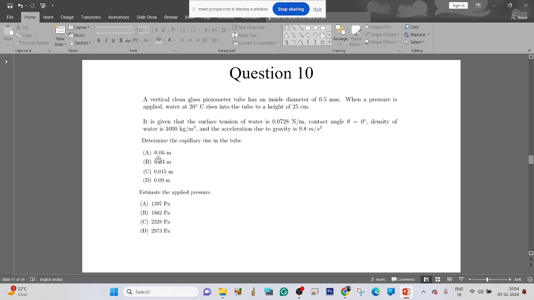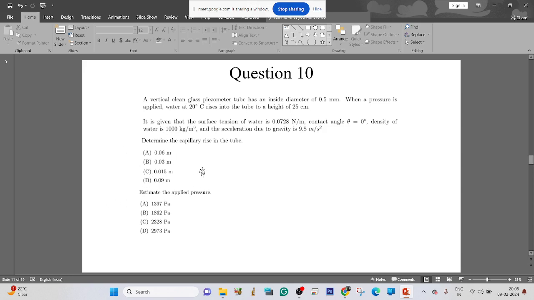So there are two questions. First one is determine the capillary rise in the tube. That means H we have to determine. There are two pressures applied here, right? Initially there will be one capillary rise, and secondly there will be one excess pressure being applied, because of which the height has again risen to 25 centimeters.